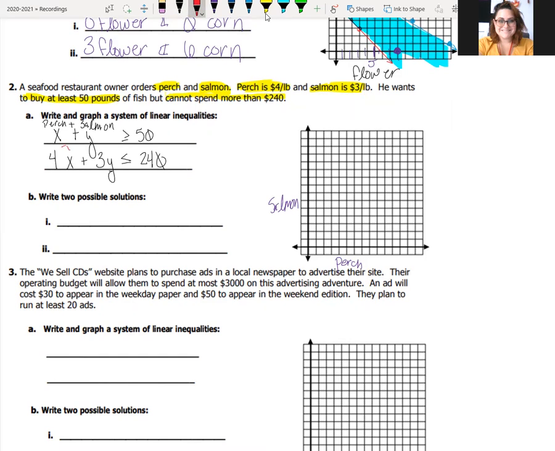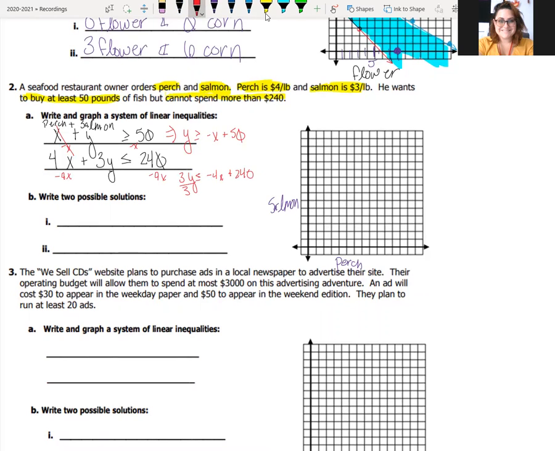That'll be easy. We just subtract X on each side, and we end up with Y is greater than or equal to negative X plus 50. On the bottom, again, we're going to subtract our X on both sides. And we end up with 3Y is less than or equal to negative 4X plus 240.